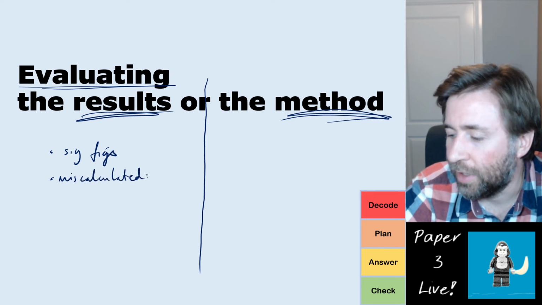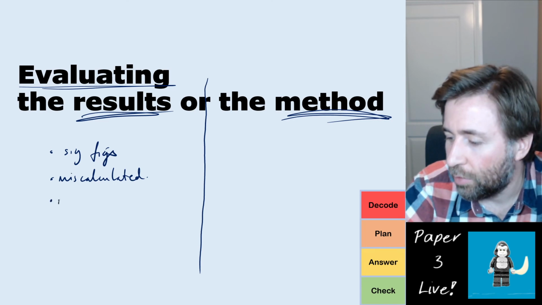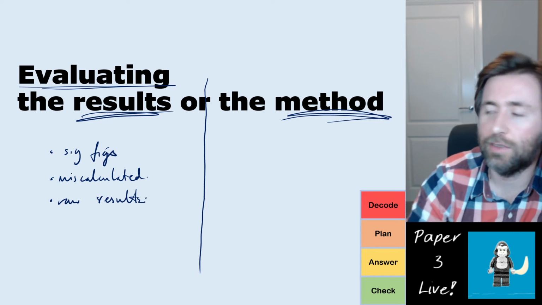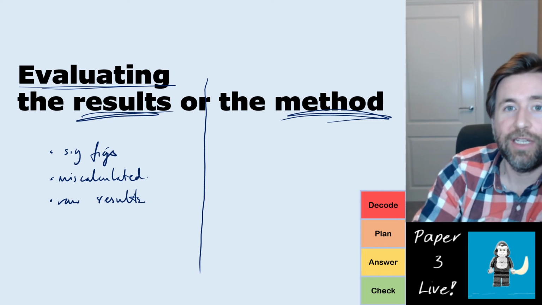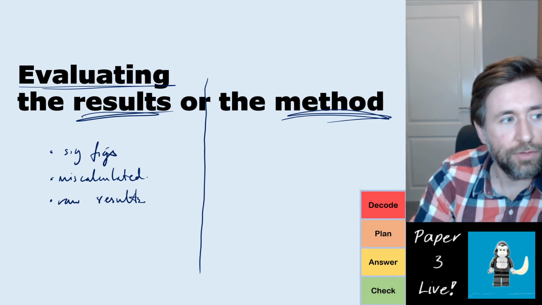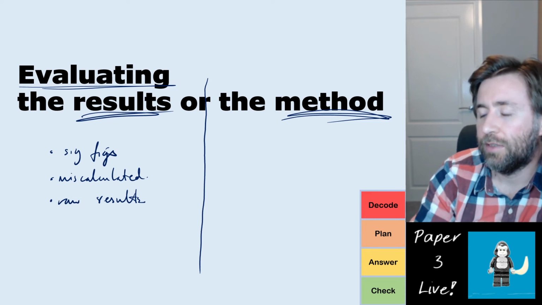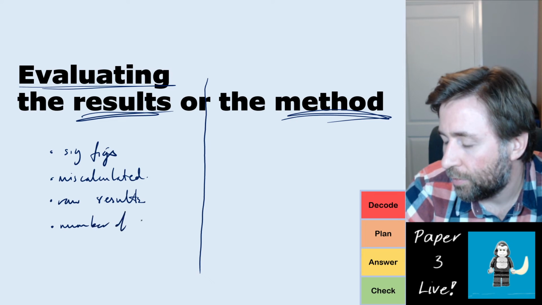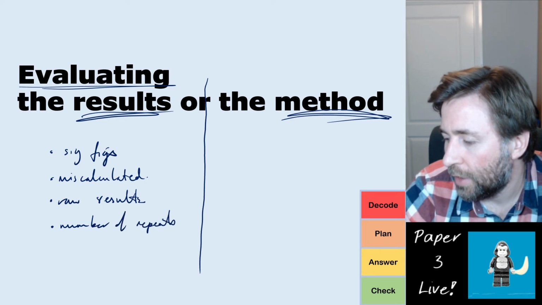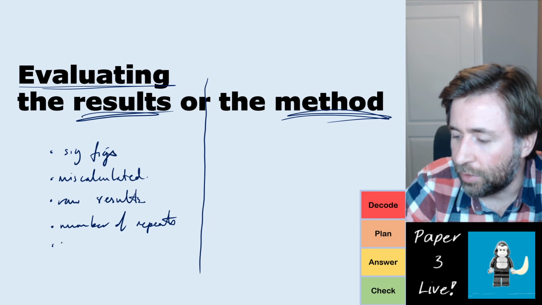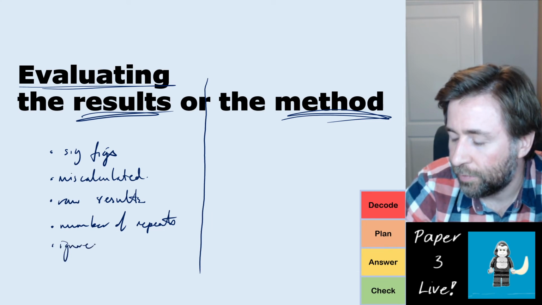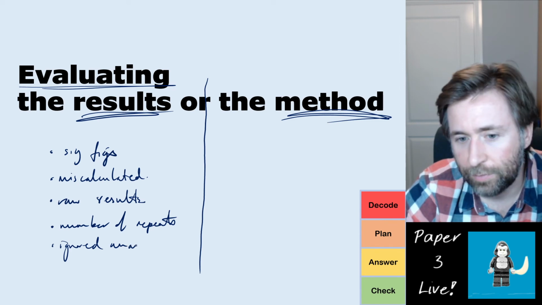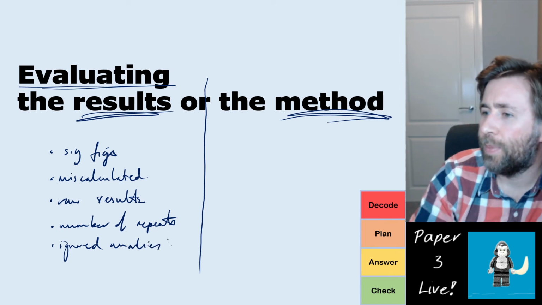They might not have written down all their raw results. There's quite a few different things it can be, but basically, are you evaluating the results, the recording of the results, the number of repeats they've done? Or haven't ignored anomalies. There's probably more. Any more suggestions for this?